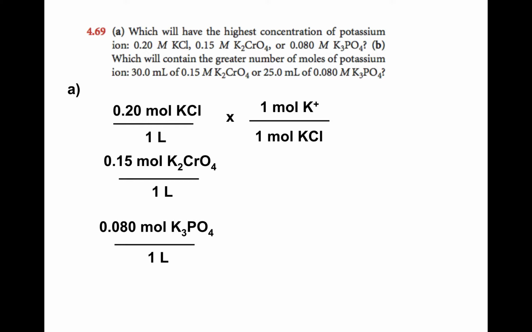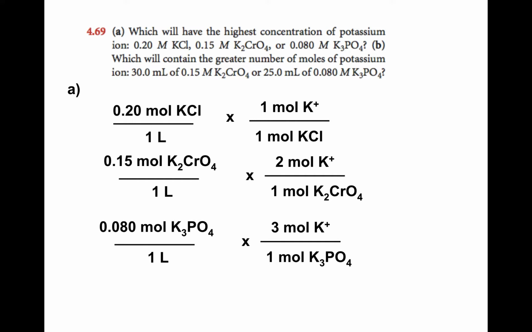According to the formula, for every 1 mole of potassium chloride, you're getting 1 mole of potassium ion. For every 1 mole of potassium chromate, I'm getting 2 moles of potassium ion, right? According to the subscript. For every 1 mole of potassium phosphate, you're getting 3 moles of potassium ion. So using this conversion factor, I can go from moles of the ionic compound to the moles of the ion I'm interested in.